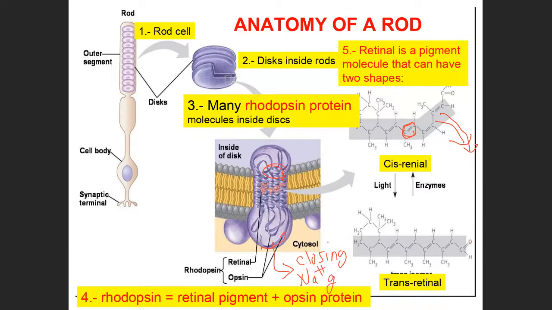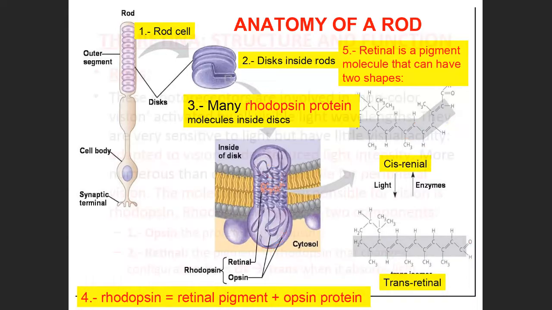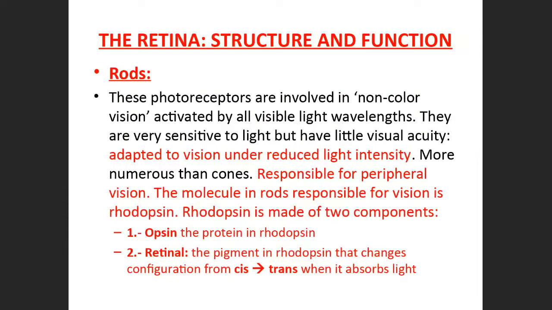I'll explain this in just a second. So when light hits cis-retinol and changes it into trans-retinol, a series of events begin that affect opsin, and opsin in turn will affect a series of enzymes that end in the closing of sodium gates. That's essentially what light does. That's how the photoreceptor reacts to light.